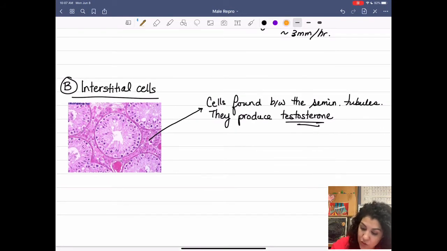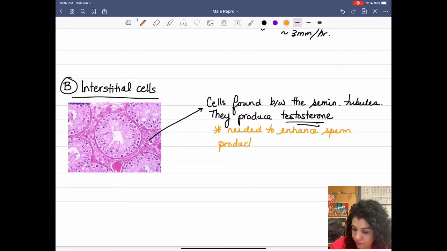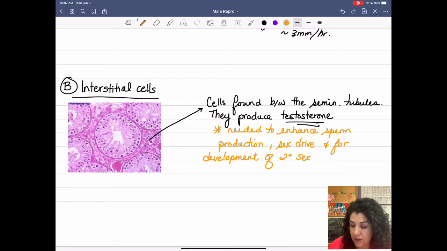What is testosterone used for? So testosterone is needed to enhance sperm production. It is needed for your sex drive and for the development of secondary sex characteristics.